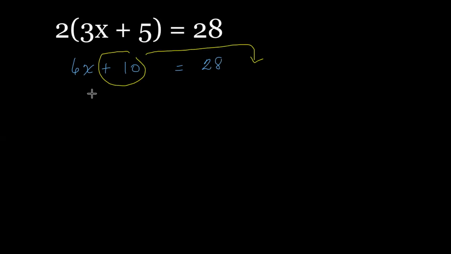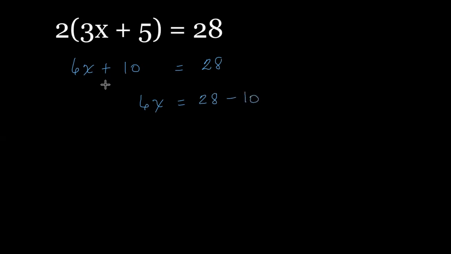So it's no longer on this side, but when we transpose it, the sign will change, okay? So what we're going to have here is 6x on a side by itself now. And over here we have 28 minus 10, minus 10 because we transpose this 10 to get over here. So that's 6x is equal to 18.